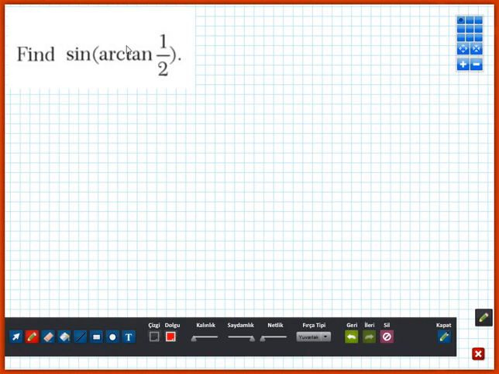We have to find the arctangent of 1 over 2 first, and we have to find the angle between minus 90 and plus 90 by the rule, so that for that angle, tangent will be equal to 1 over 2. Now this is not a special angle, so we are going to solve this one with the help of a right triangle.